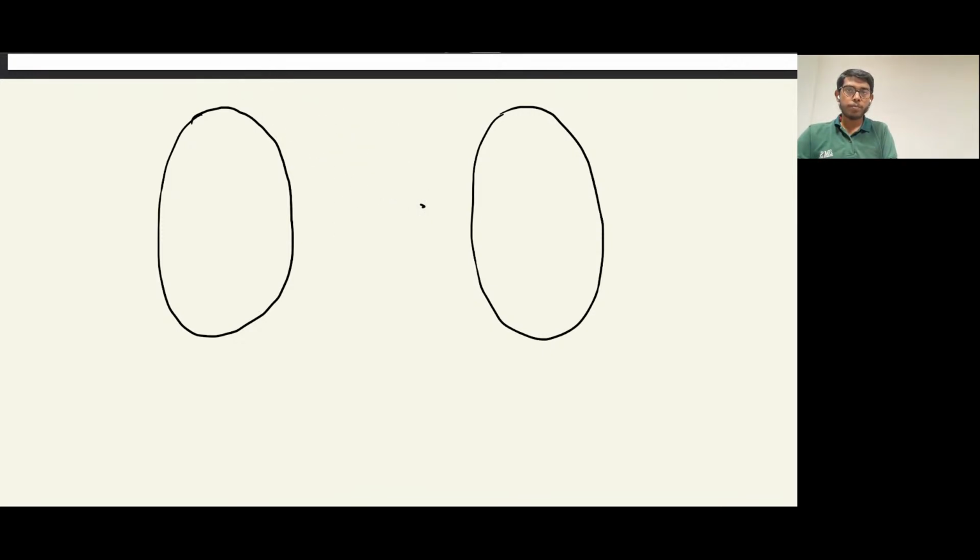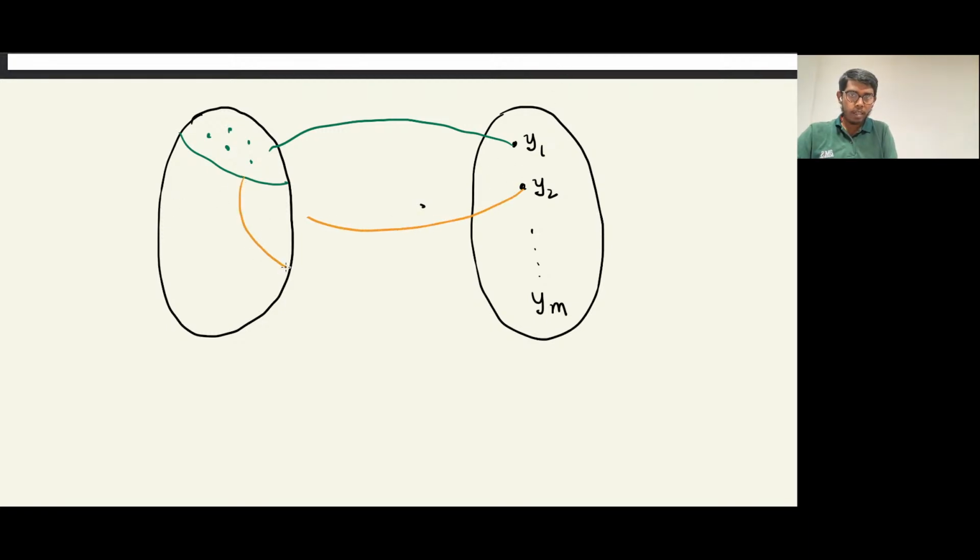So if this is my y1, this is my y2, and this is my ym, and F is a surjective function, it means that each of these y1, y2, ym has a pre-image. Let's say y1 has this many pre-images. It may have more than one. y2 has something like this many pre-images.